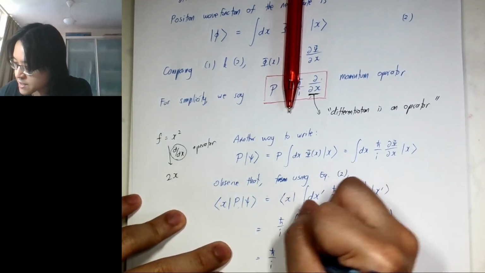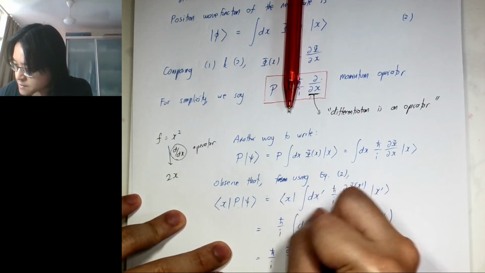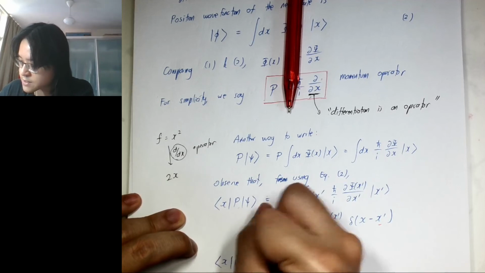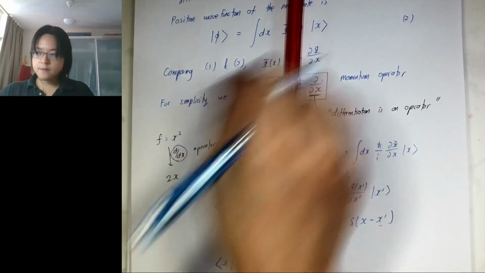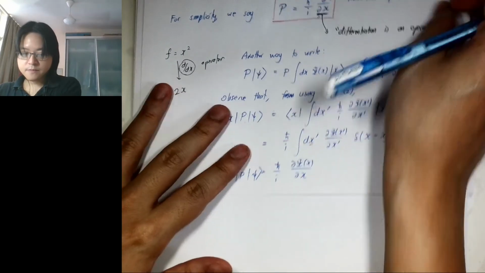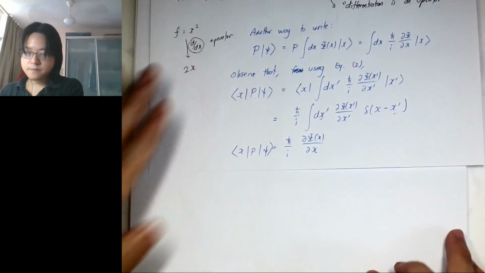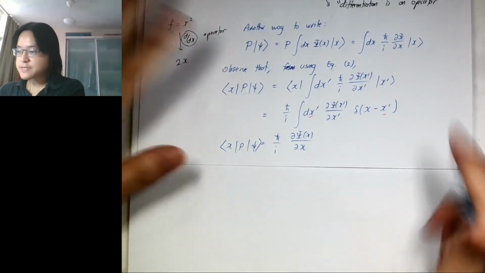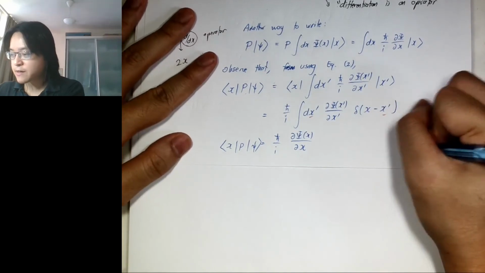This is the magic thing about the delta function. So I got bra x, P, psi. Now, let's do another magic trick again. Let's call this equation 3.